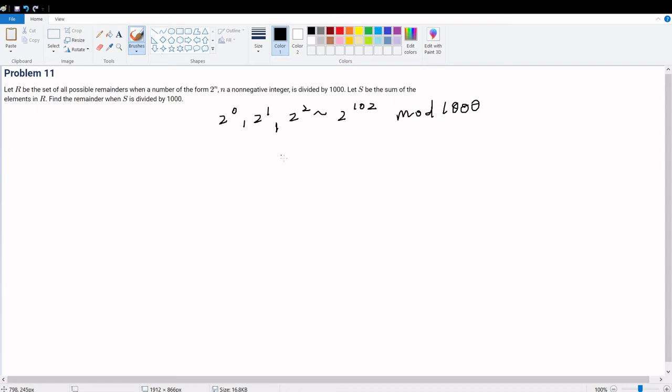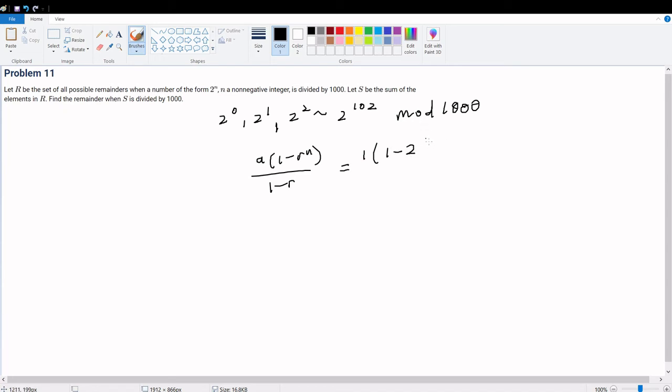So, let's see here. The formula for a finite geometric sum goes like this, right? Where r is the common ratio between each term, a is the first term, and n is the number of terms. So the first term is 1. The ratio is 2.